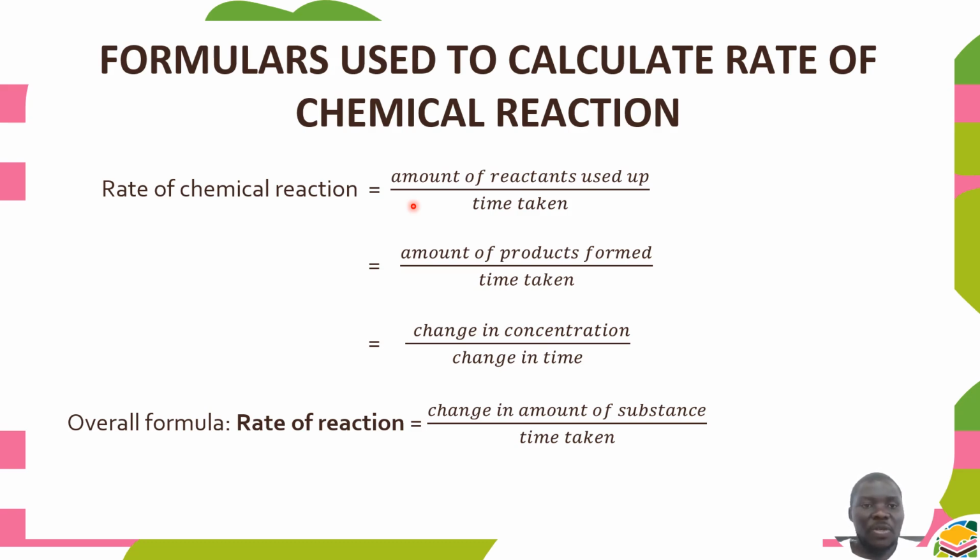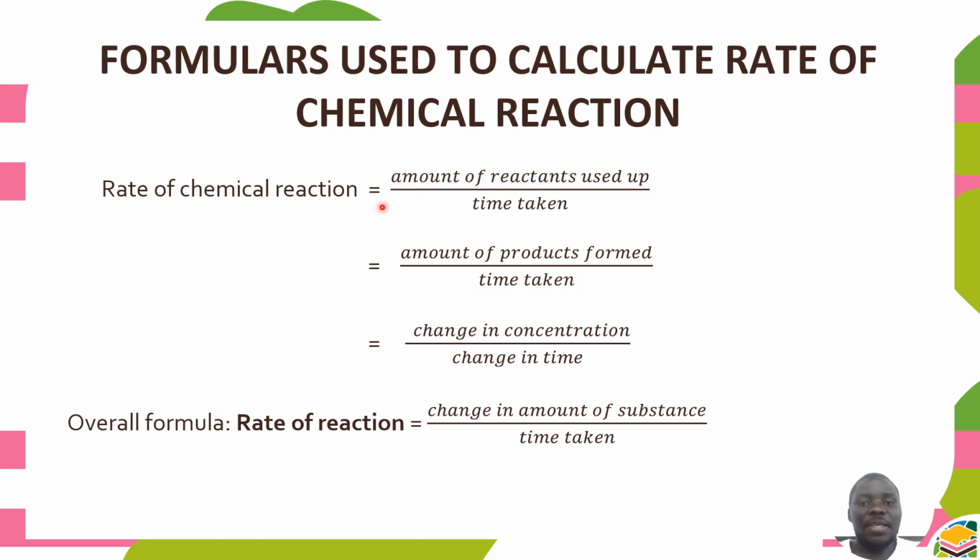So there are several formulas that we can use to calculate rate of reaction depending on what we have been given. You can calculate rate of reaction by using this formula: amount of reactant used up divided by time taken. In chemistry, when we are looking at amount of reactant, in simple terms, we are looking at the number of moles.